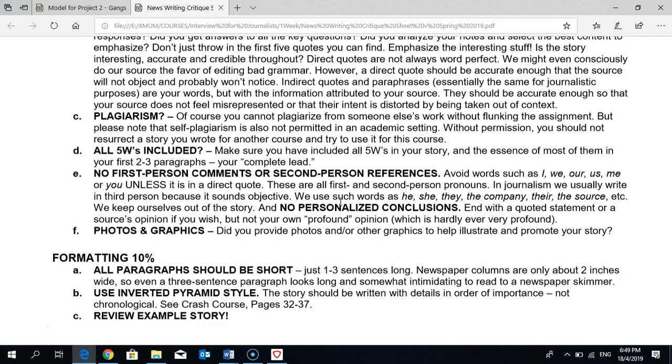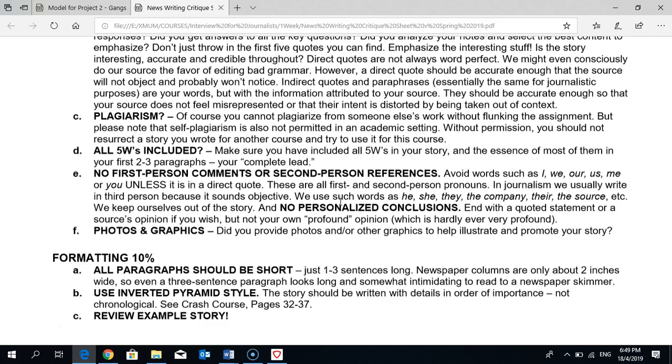Second person is you, first person is I, me, we. You avoid that. You're trying to use third person, which is they, if you're using a pronoun, or obviously people's names, he, she, they. You're trying to sound objective, and so you very rarely use I or we.